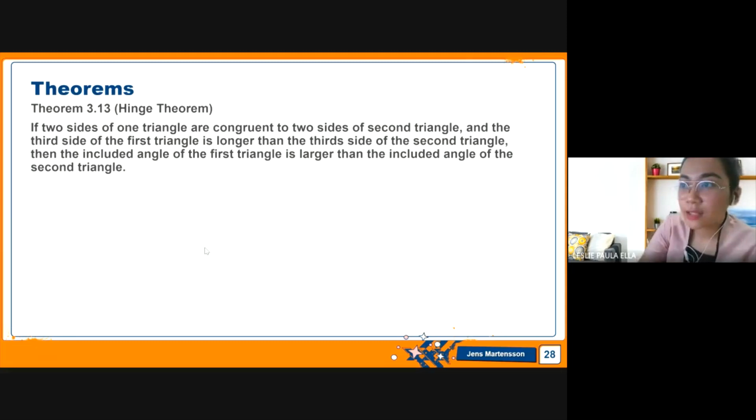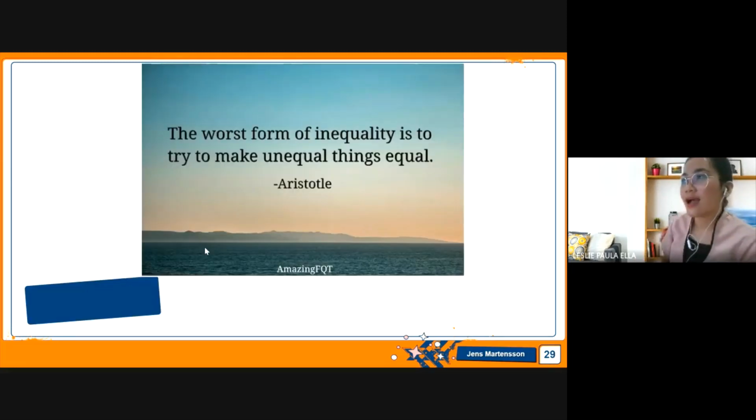If none, I'll be ending this lesson with a quote from Aristotle. It says here that the worst form of inequality is to try to make unequal things equal. So think of this.